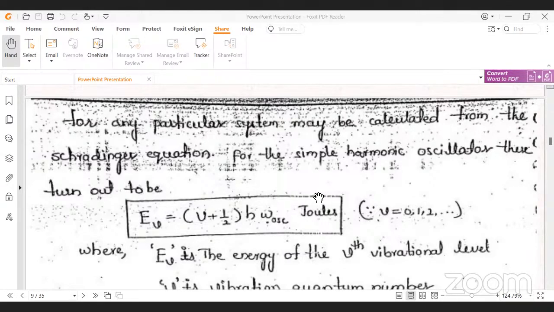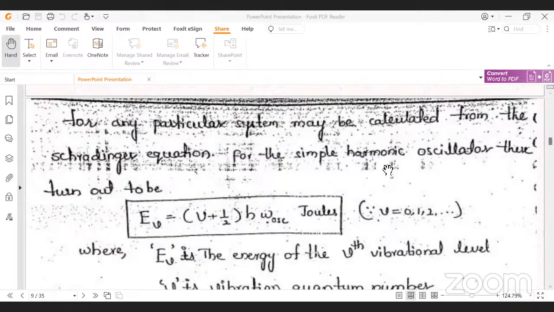What does it mean by quantized? Quantized energy means each particular energy level has a fixed energy. For example, the ground state, first excited state, second excited state, and third excited state have fixed energies.